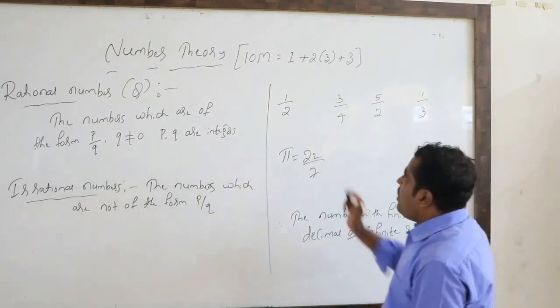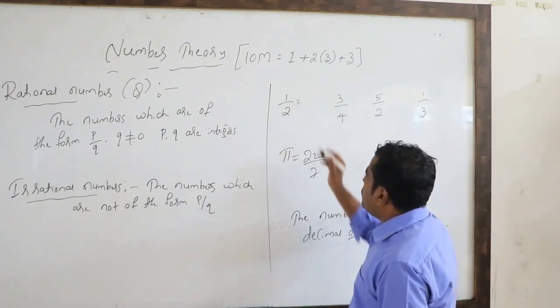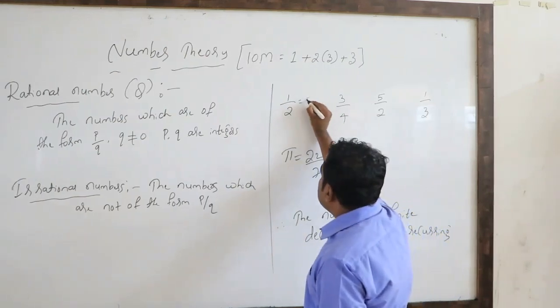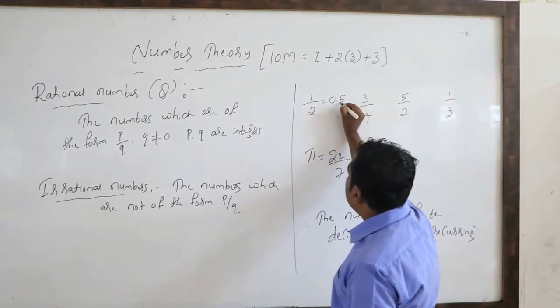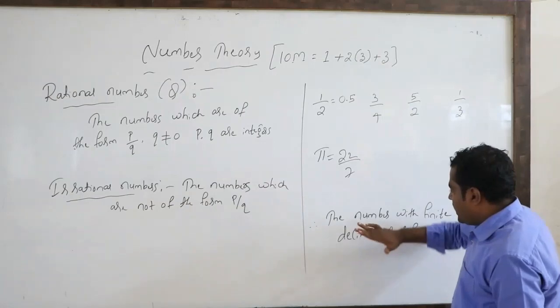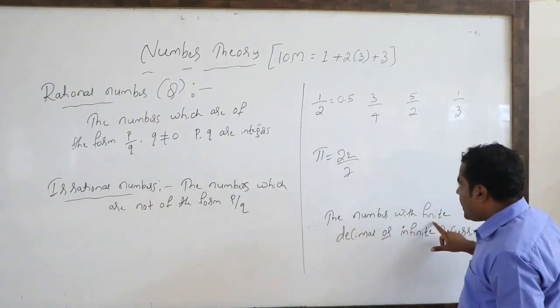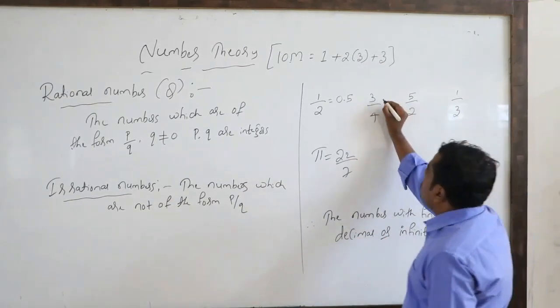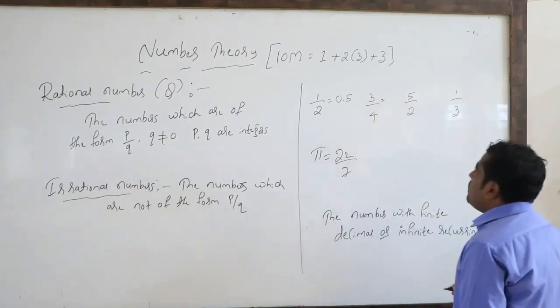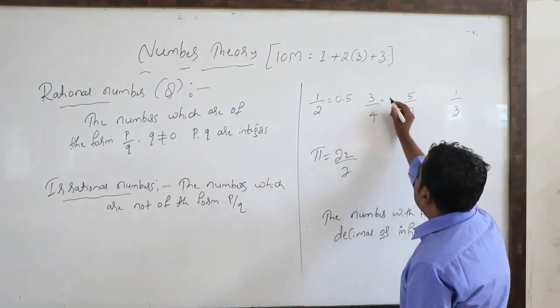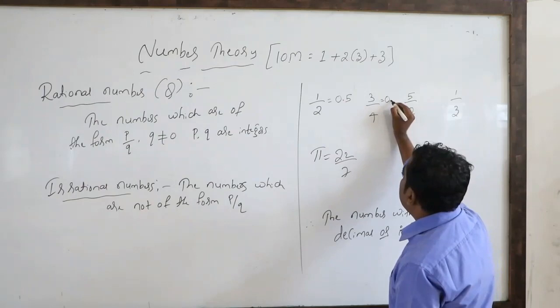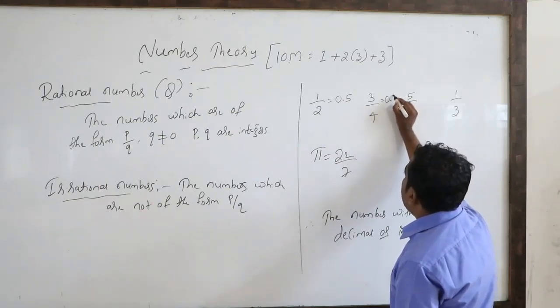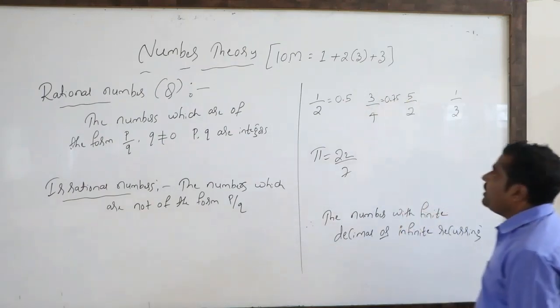So here 1 by 2, if you calculate, you will get the answer 0.5. The condition is the number with a finite decimal. 3 by 4 is nothing but 0.75.